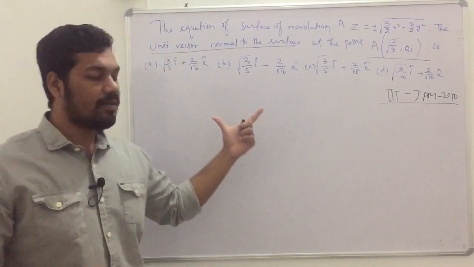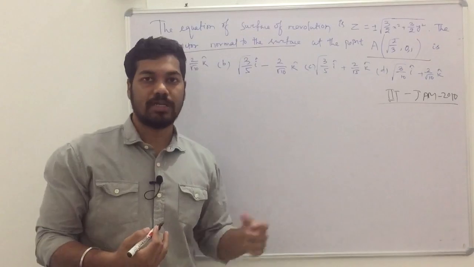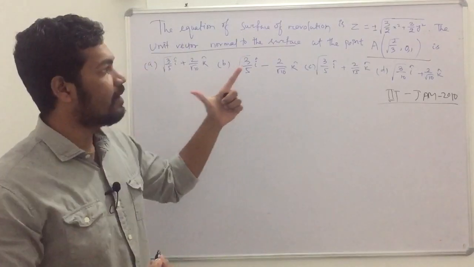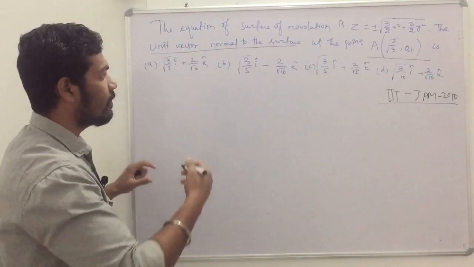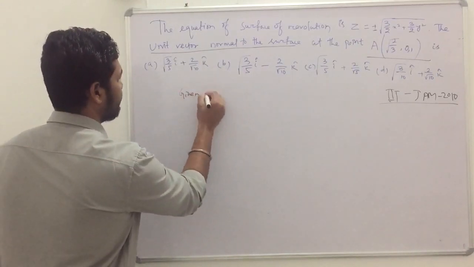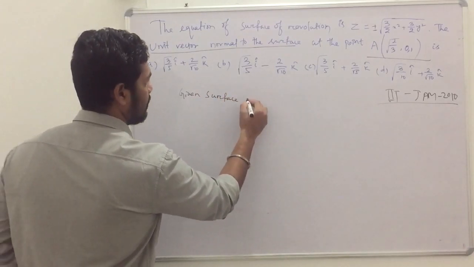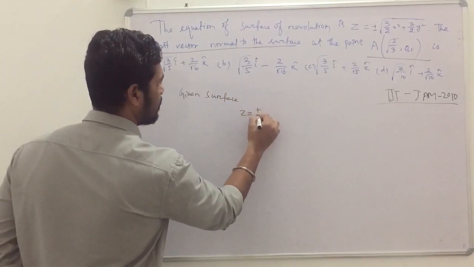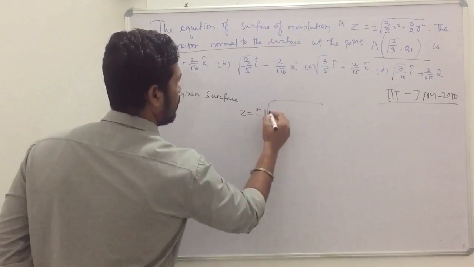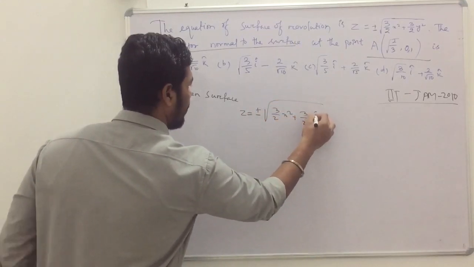To attempt this type of problem, you just have to find the gradient of the equation of the surface. The given surface is z equals plus minus root under 3 by 2 x square plus 3 by 2 y square.